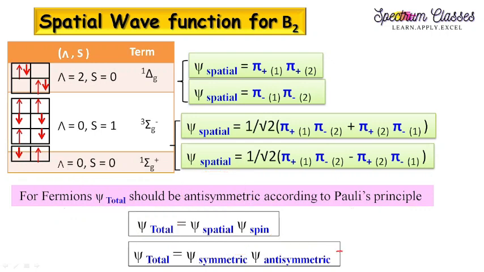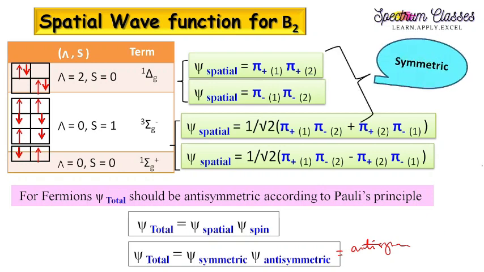Only in that case do we get an antisymmetric total wave function. How do we identify which is symmetric and which is antisymmetric out of these four? These three are symmetric wave functions, and the fourth is antisymmetric. If you have any doubt in understanding symmetric and antisymmetric wave functions, you can check my previous video. I will give all the links in the description.